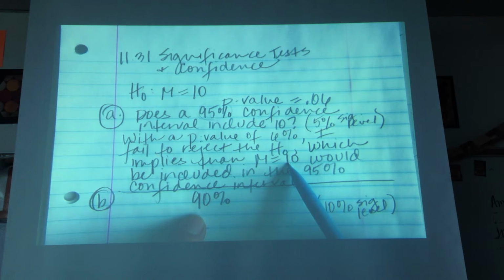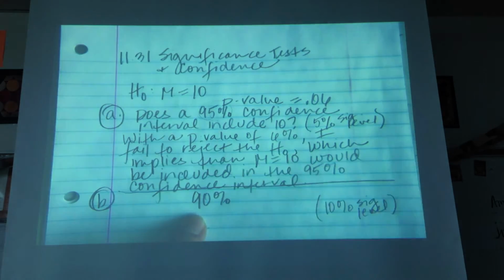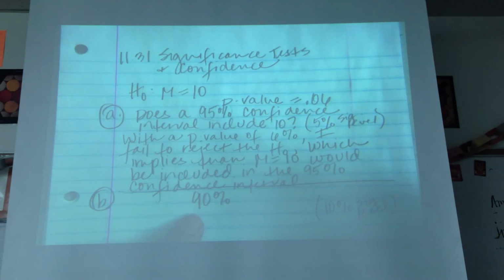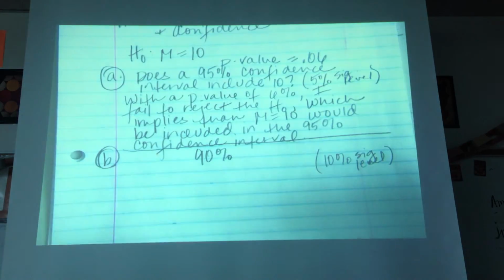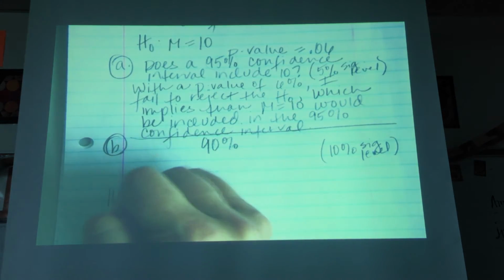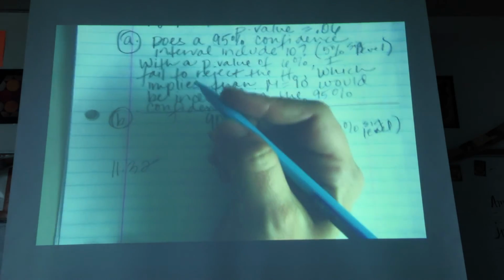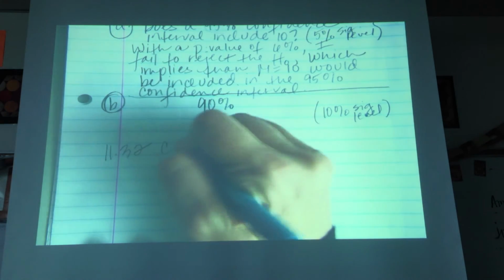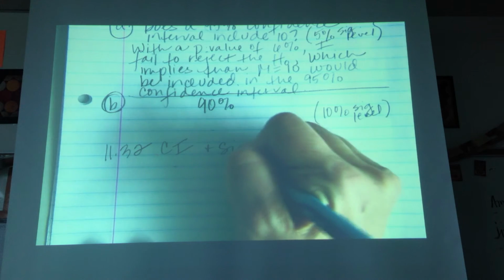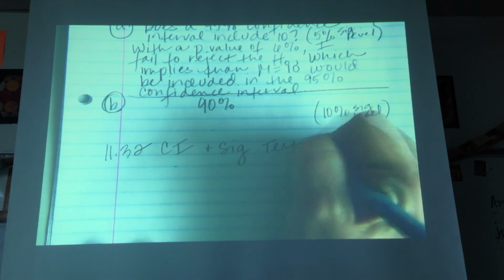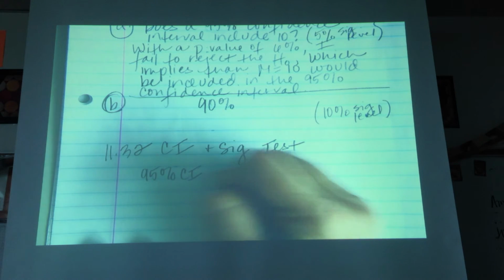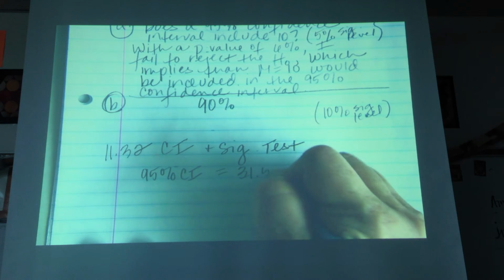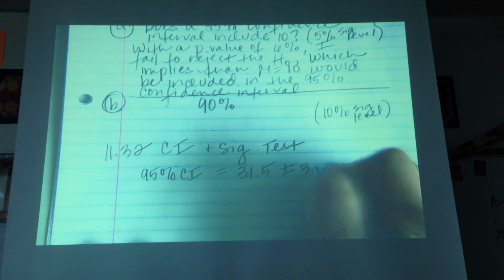Now, when I go beyond 31 and I look at 32, confidence intervals and significance tests. In 32, take a minute and stop and finish your 31 if you need to. What I'm given in this is a 95% confidence interval that looks like 31.5 plus or minus 3.5.